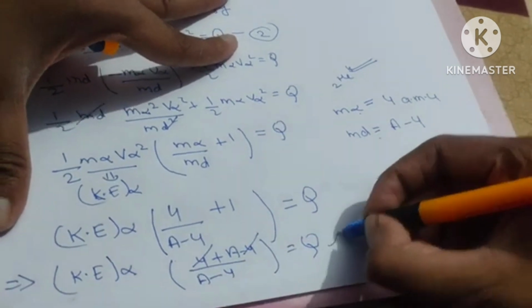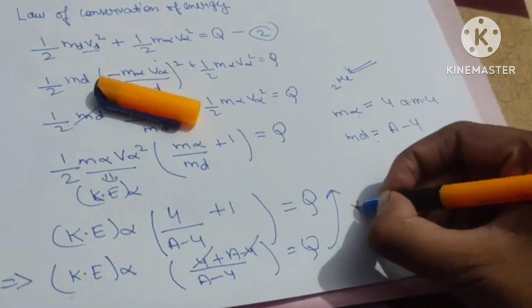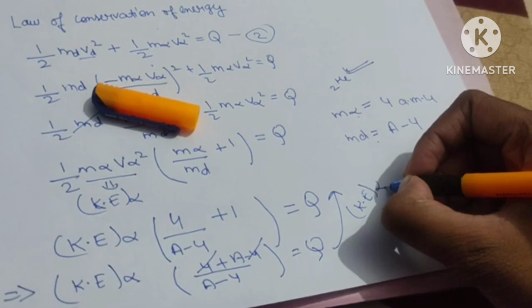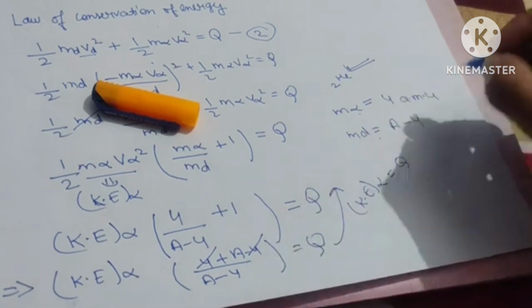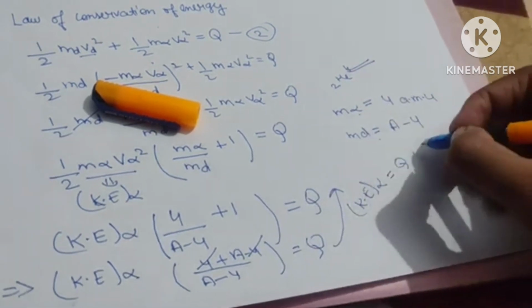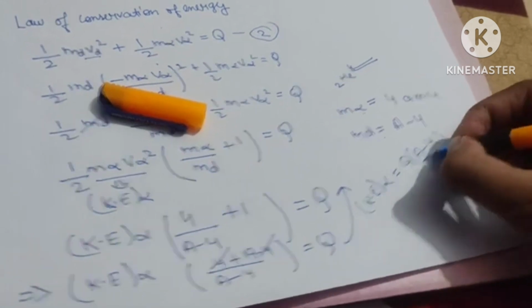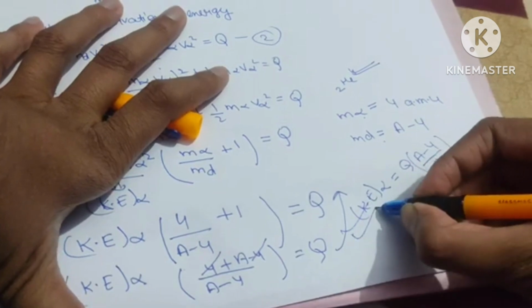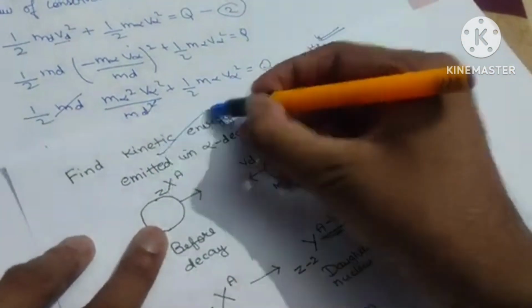So Ke alpha, the kinetic energy of the alpha particle, equals Q; shifting this to the other side, A minus 4 by A. So this is the kinetic energy. We found the kinetic energy, so we're done with the kinetic energy.